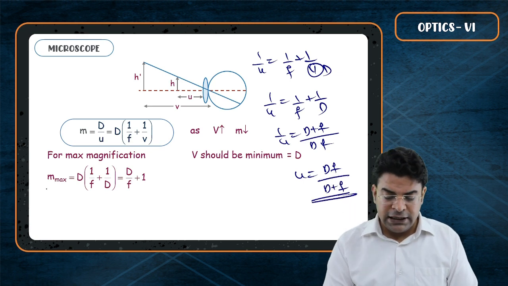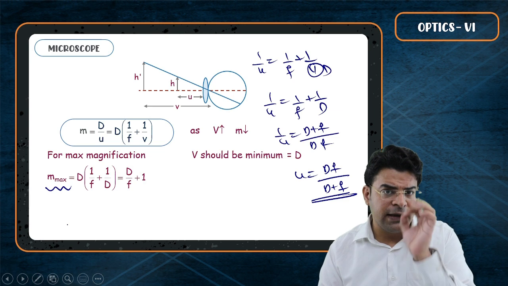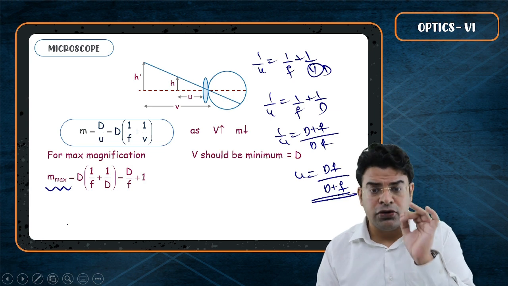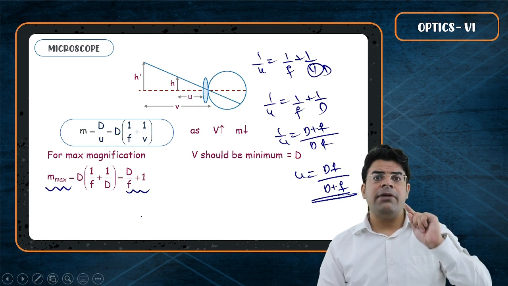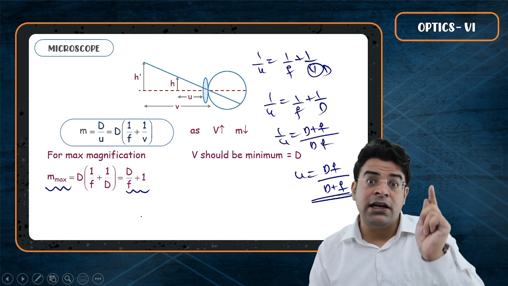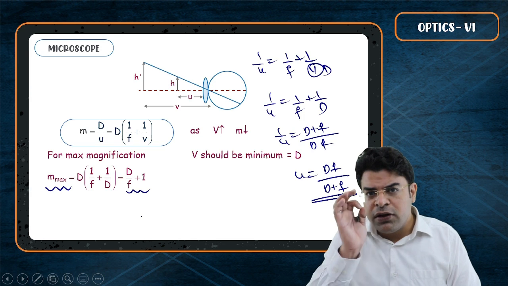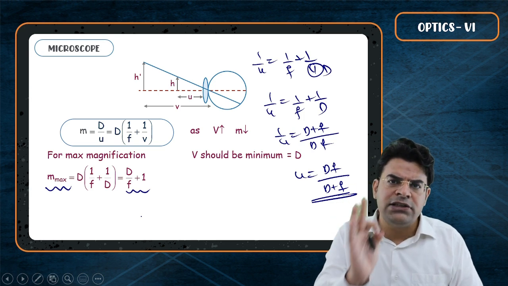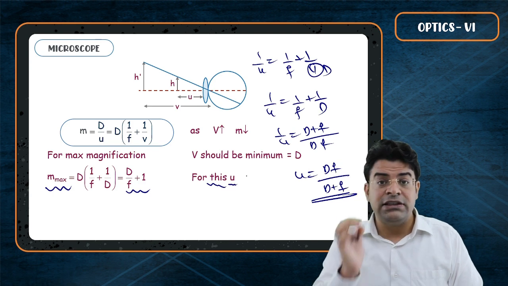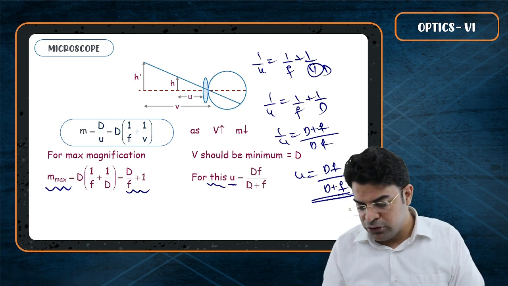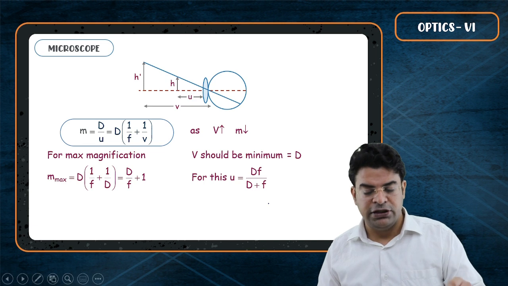So the maximum possible magnification using a simple microscope is d/f + 1. This is when the final image is formed at the least distance of distinct vision, and for that, the value of u, the distance of the object from the lens, should be equal to df/(d + f).